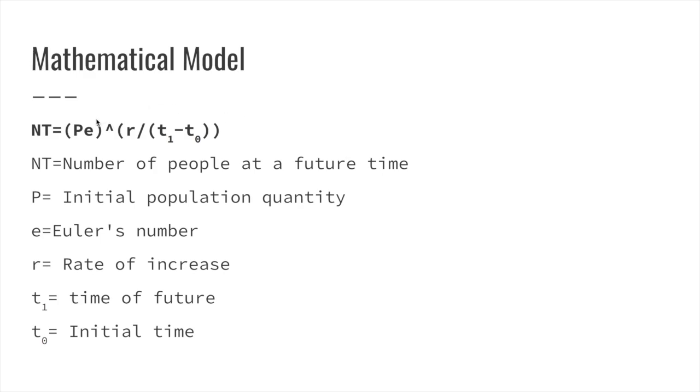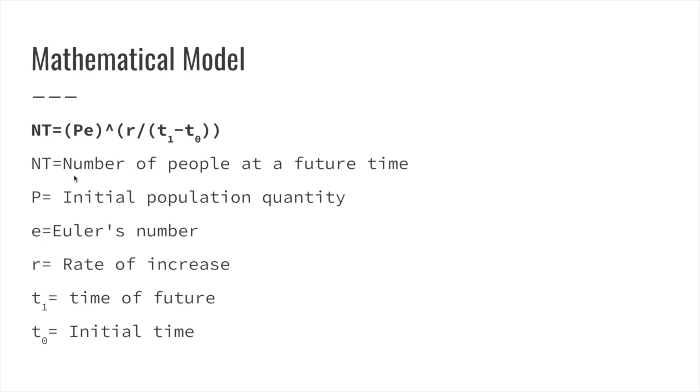So in here is the mathematical model I used in my simulation, and this mathematical formula, N(t) equals P times e to the power of r divided by time, is used to portray the future growth of a population.